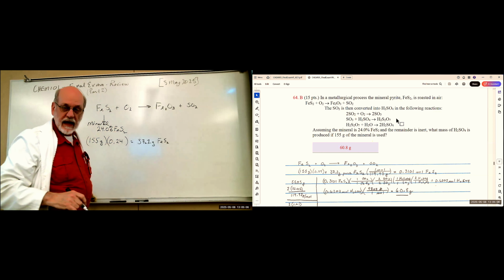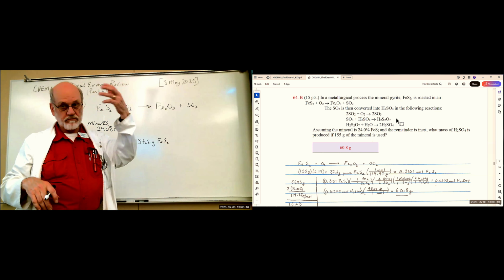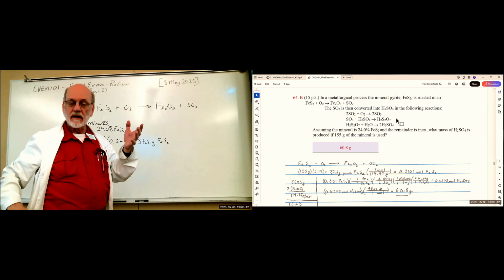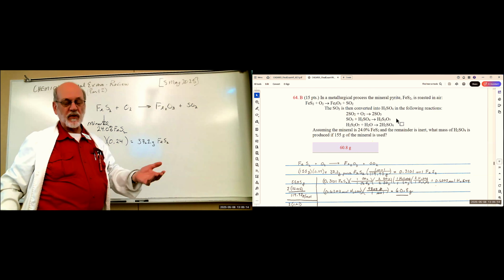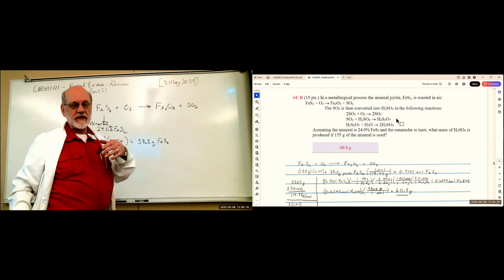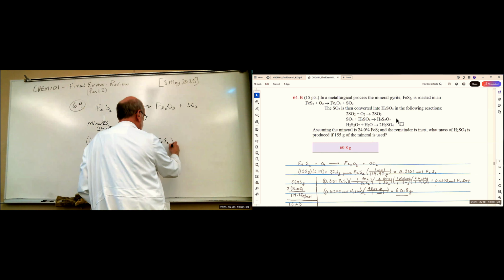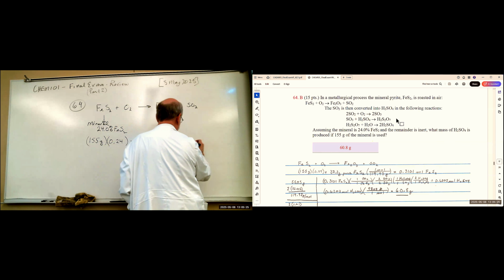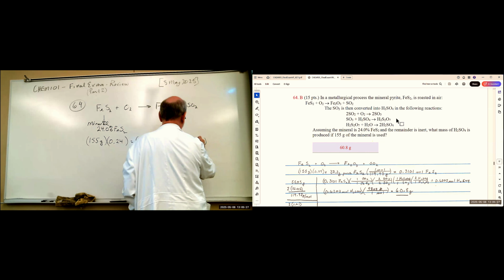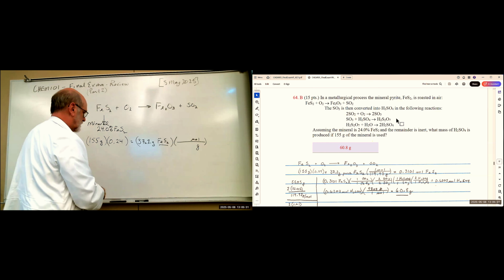Okay. Now, in order to use stoichiometry for any of these reactions, whether it's a single reaction or multiple reactions, you've got to have moles. Everything is based on moles. So what we have to do is convert this into moles. So we need the molar mass of that compound.